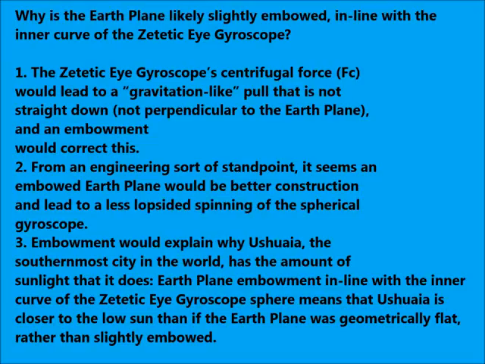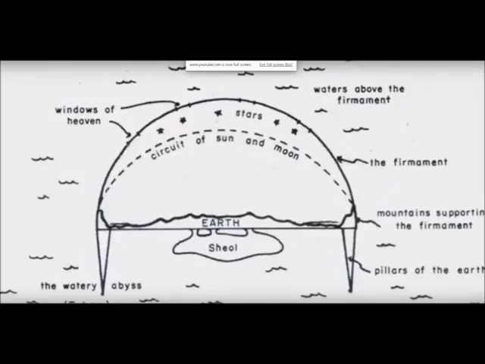Also, it appears an embowed surface will facilitate a better rotation and spin of the Zetetic eye gyroscope and keep it from being lopsided. The dome in the opposite direction of rotation will have to be thicker in the central regions than it is in the outer regions.